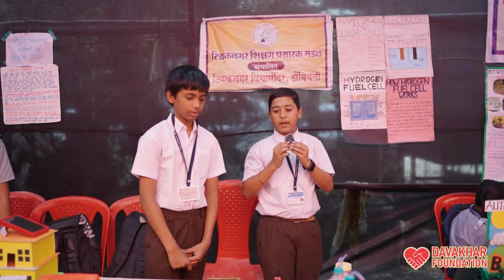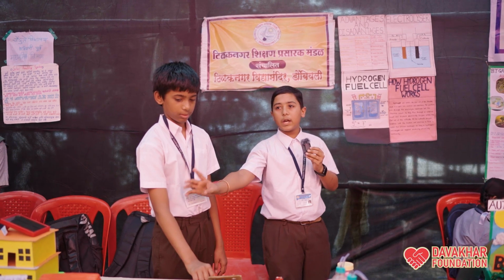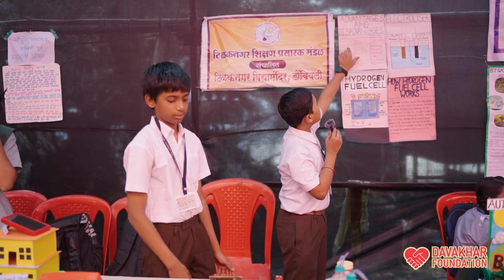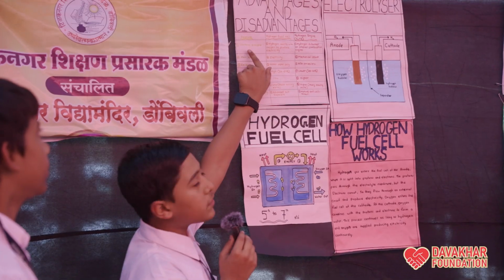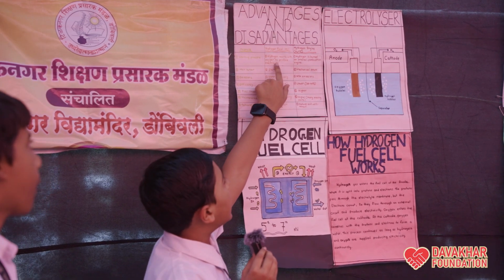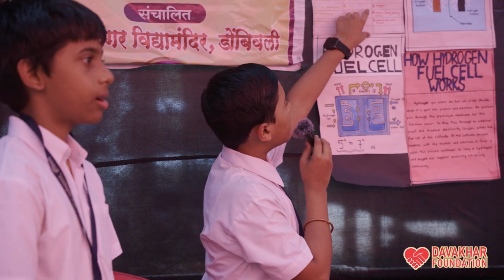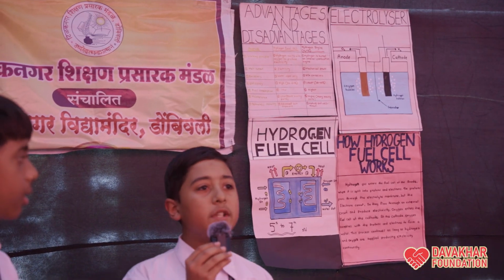There are different advantages and disadvantages for this fuel cell and H2ICE engine. As you can see over here, the working principle of both is that hydrogen reacts with the oxygen to produce electricity in the fuel cell, and in the engine hydrogen is burned, means combustion is done, and electricity is produced.